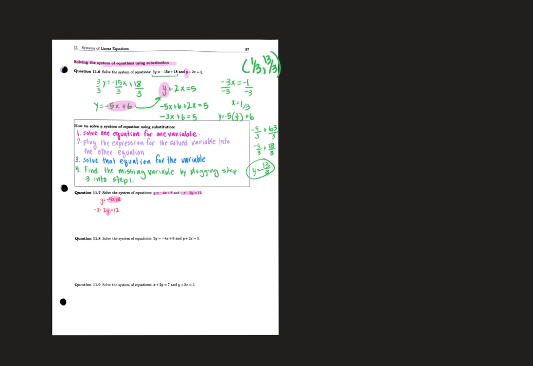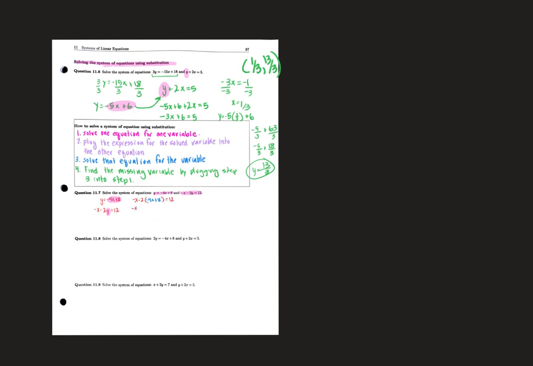So we have negative x minus 2 times y, which is negative 4x plus 8, is equal to 12.